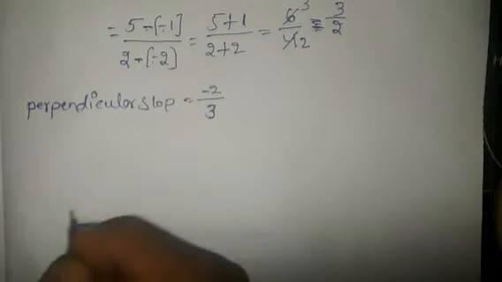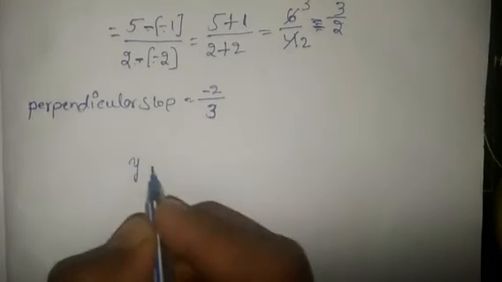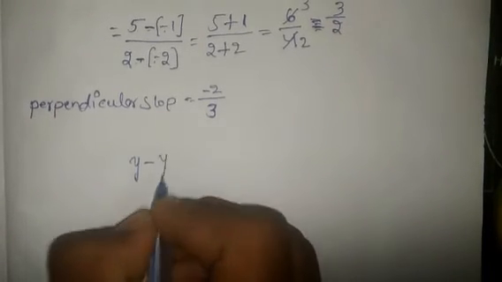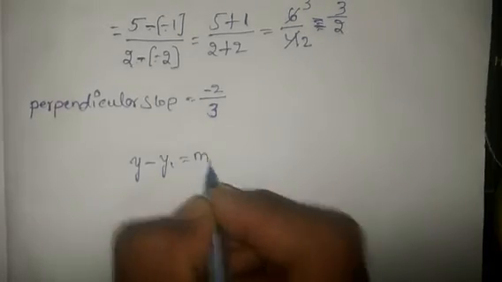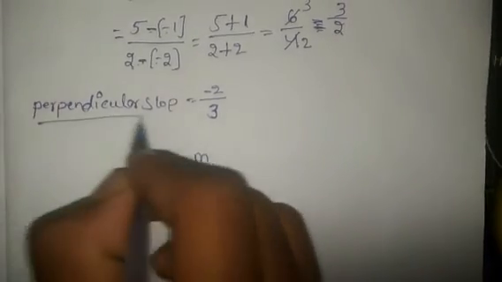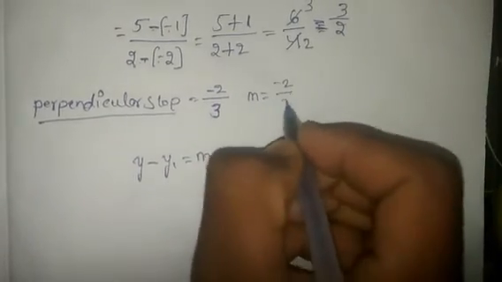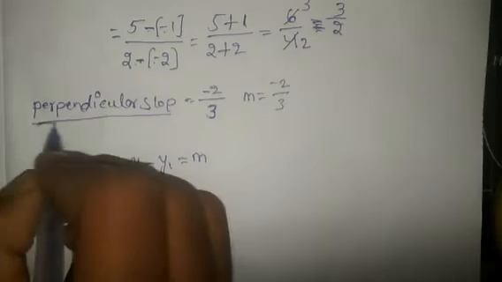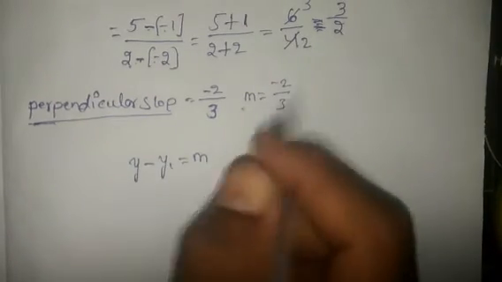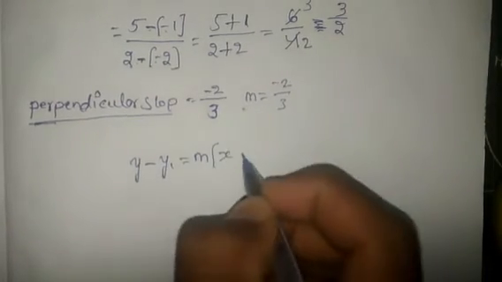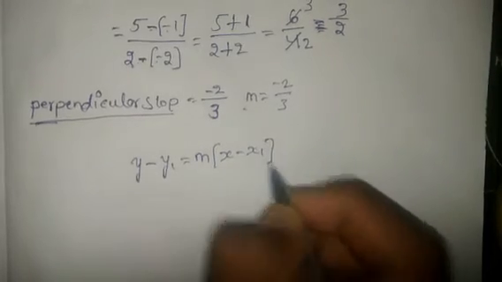That is the formula, y minus y1 is equal to m. So the perpendicular slope is called the m value, so minus 2 by 3. The perpendicular slope is also called the m value. So m times x minus x1.